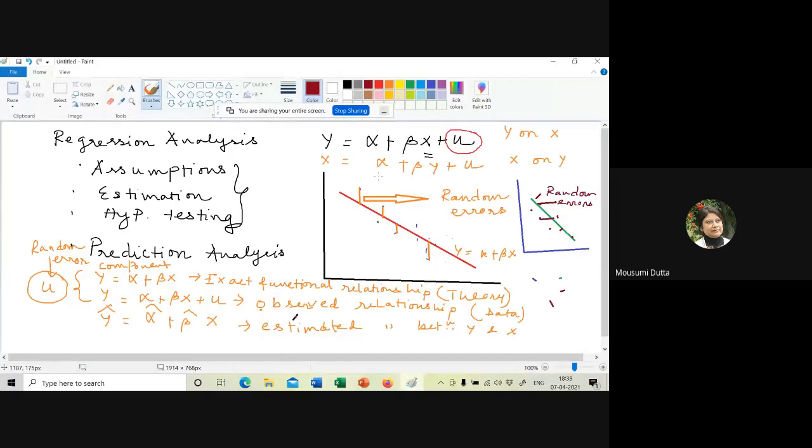Theoretical model is providing us exact functional relationship, whereas when we will collect the data, it's not that all the observations will lie on the line. It will happen that observations are moving around the line, so there will be a scattered diagram, and along the scattered diagram we can have a fit, considering the mean values. So later I'll talk about mean values, etc. So this kind of fit we can get.